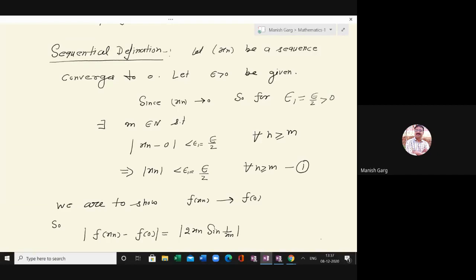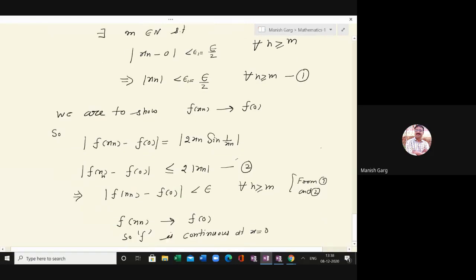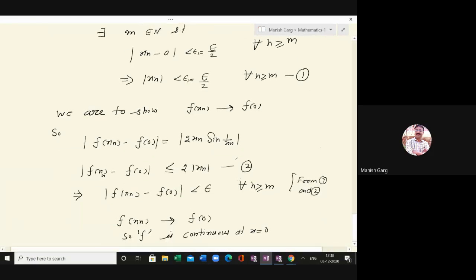Since the sequence converges to 0, you can write any number epsilon by 2. So I am checking for epsilon by 2. There exists a natural number m such that epsilon by 2. Now f(x1) minus f0 will be 2 mod x1. So if you combine 2 and 1, this is less than or equal to epsilon.